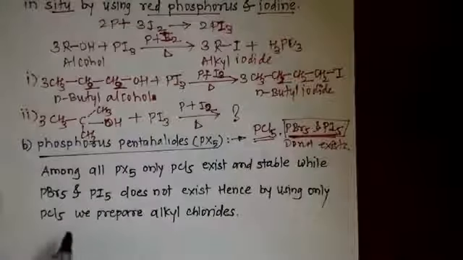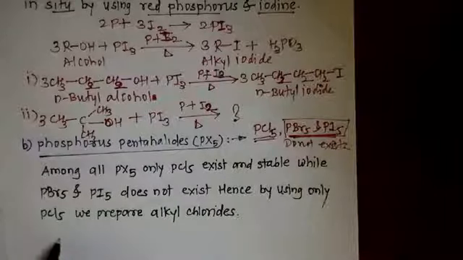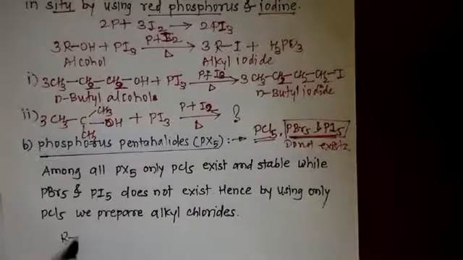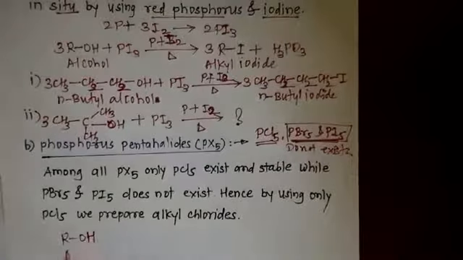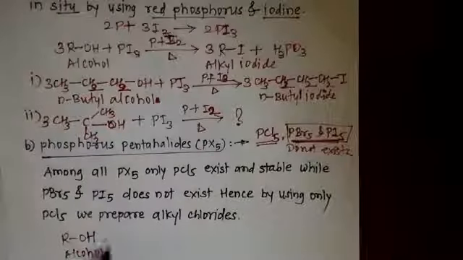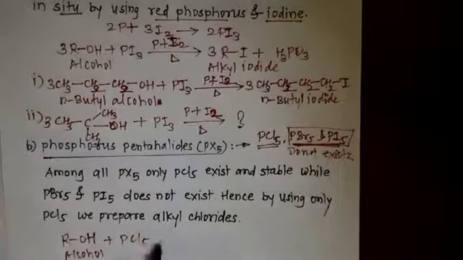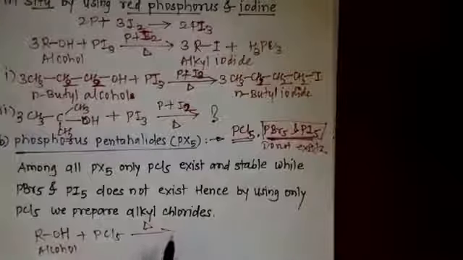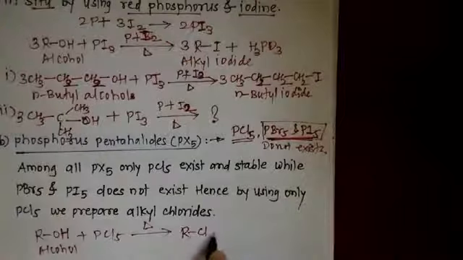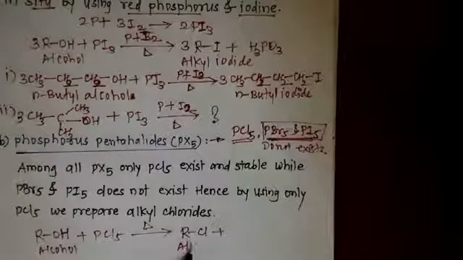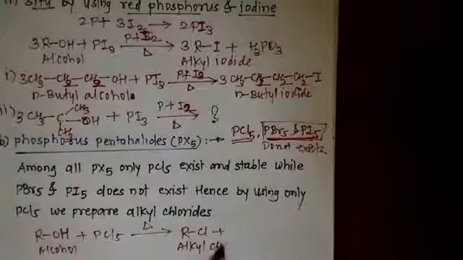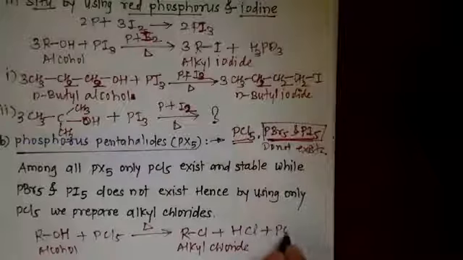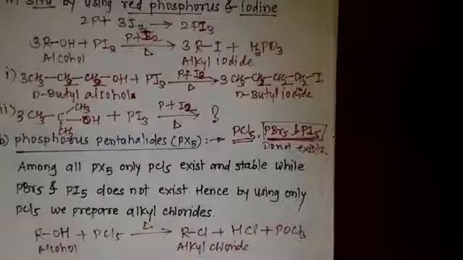The general reaction for this preparation should be written like this: alcohol, only 1 mole, reacts with PCl5 or is refluxed with PCl5, they produce alkyl chloride. And they also produce byproducts HCl and POCl3.